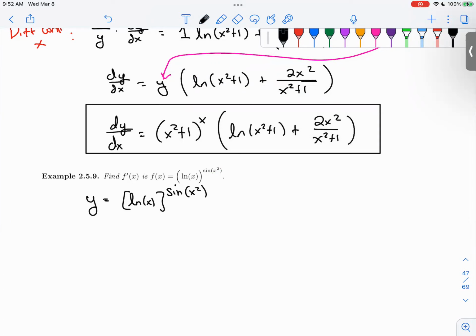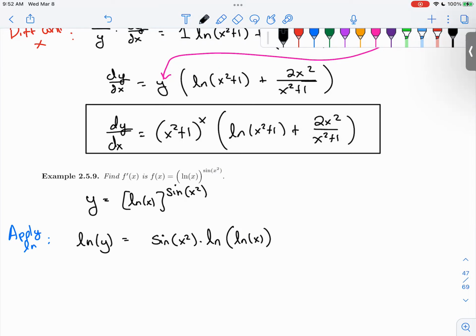The reason why we apply the logarithm is that it allows us to bring that exponent out front. So we apply ln, and then we get ln of y is equal to sine of x squared times natural log of x.